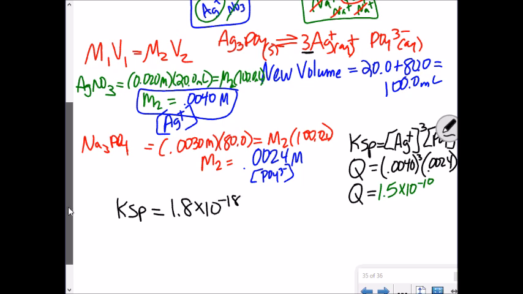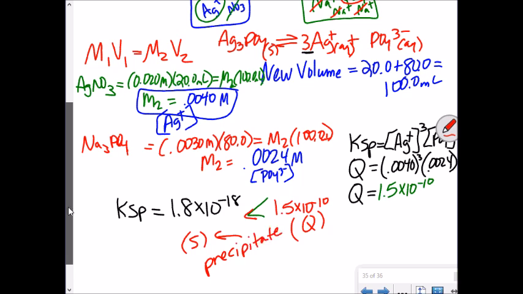Okay, so this Ksp is definitely smaller than our Q value, right? That's Q, right? So, which way is it going to go, will it precipitate, or can we dissolve more? Going this way, towards the solid, so it's going to precipitate.